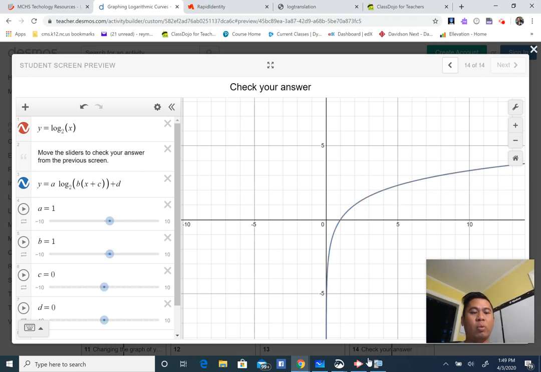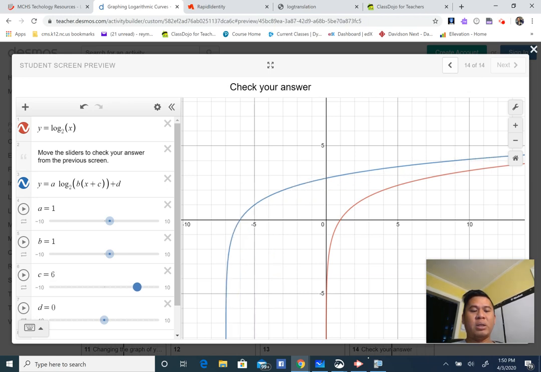Let's now try to move our c. Okay, let's try to move our c going positive. As we may see, if the value of c goes positive, it goes to the left. However, if your c goes negative, then it goes to the right. So once again, for c, it goes to the left if it's positive, and it goes to the right if it's negative.